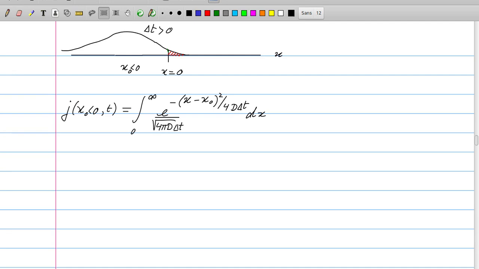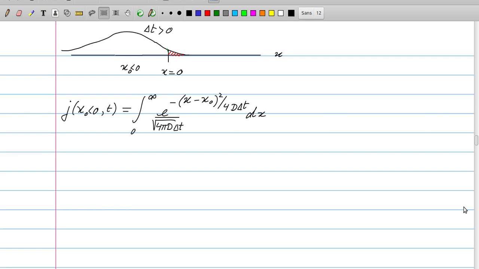Here is that expression. We have a Gaussian distribution, and I integrate only the part for the positive x's, and the x0, which occurs here as the center of the Gaussian, should be negative. So we have an x0 smaller than 0.